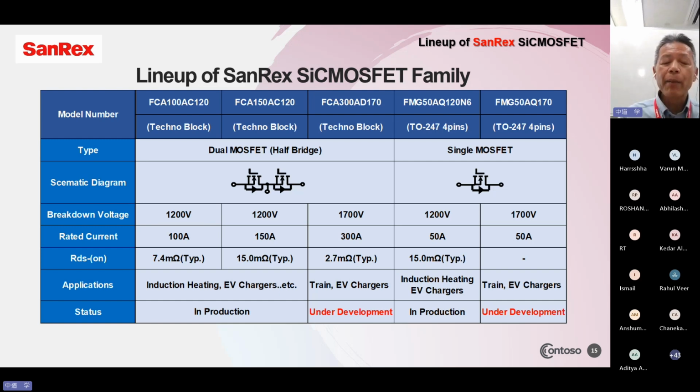So 150 means about 300 ampere capacity. Also, we have 50 amp, 700 volt in a discrete package. In addition, we are now developing 300 amp, 1700 volt in the module, and 50 amp, 1700 volt in the discrete.